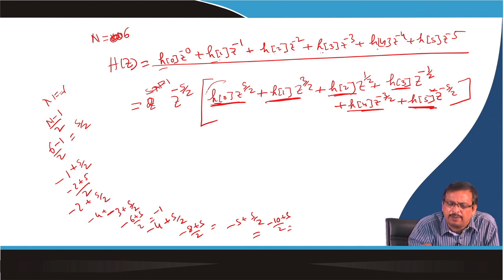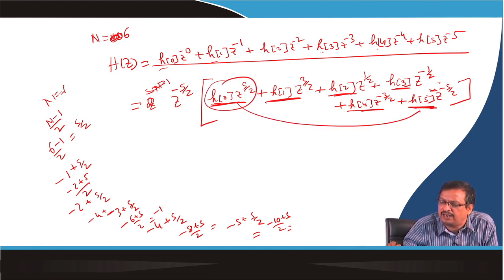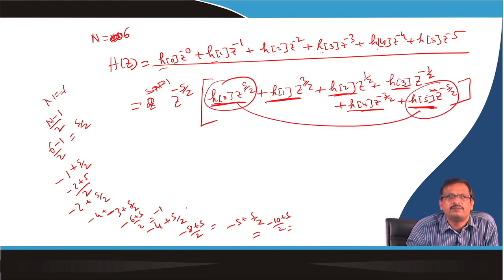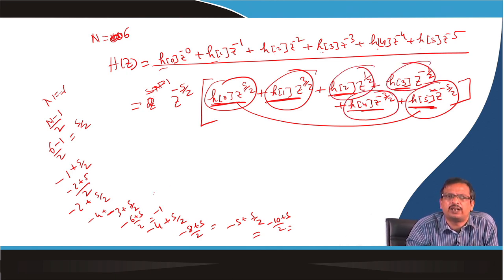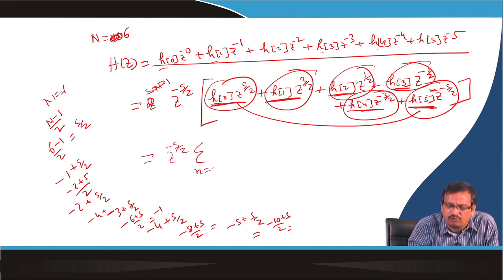I can group them, this component and this component can be grouped together. Only difference is plus minus. So this component and this component can be grouped together, and this component and this component can be grouped together. So instead of writing z to the power minus 5 by 2, here n is equal to 0 to n by 2 minus 1, h of n.